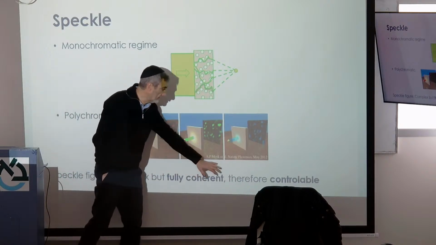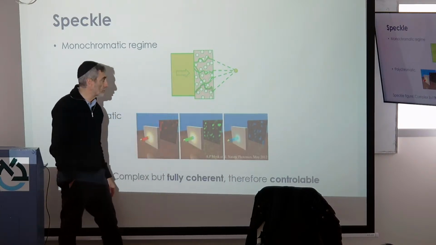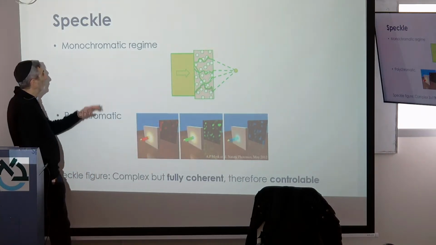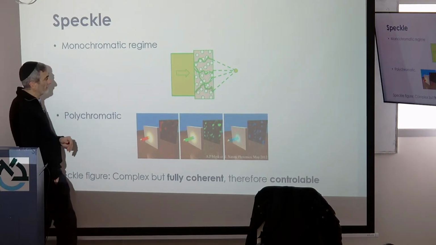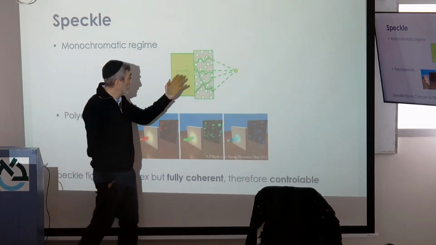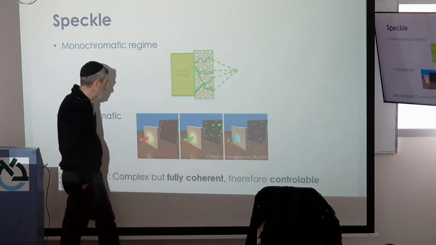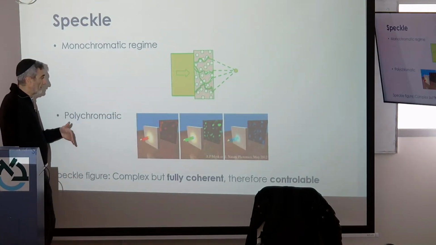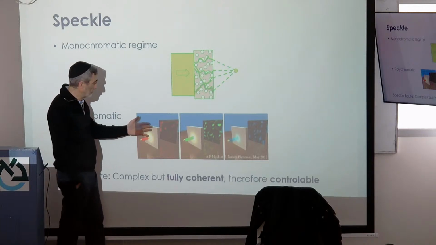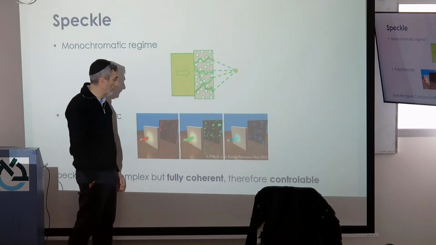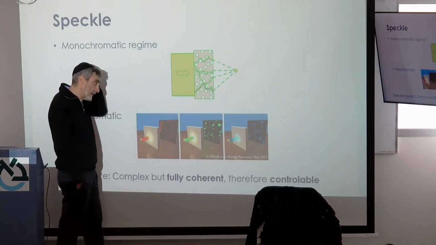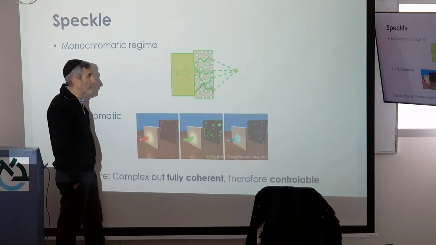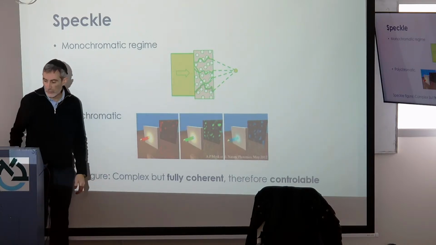And on top of that, this is something that you can control, and I will show you how. If you work with monochromatic light, you get a speckle image on one side, on the other side, if you play with several colors, you get different speckle patterns depending on the wavelength. And that can be interesting to do imaging, and I will show you how.